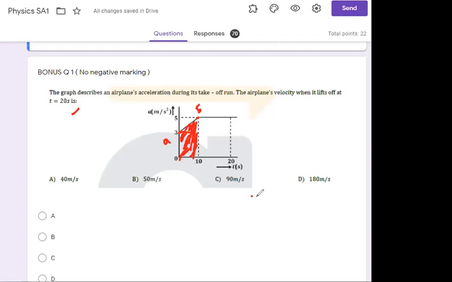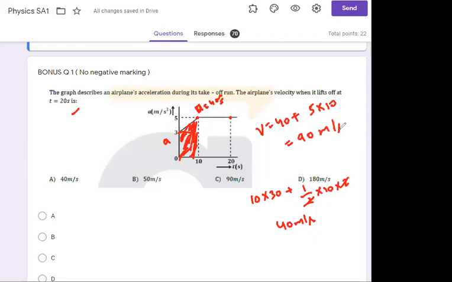It is equal to 10 into 30 plus half into 10 into 2, which is 40 meter per second. So at this point, u is equal to 40 meter per second. है ना? Now, यहाँ से constant acceleration है, time v is equal to 40 plus 5 into 10. So it is 90 meter per second. The answer is 90 meter per second.